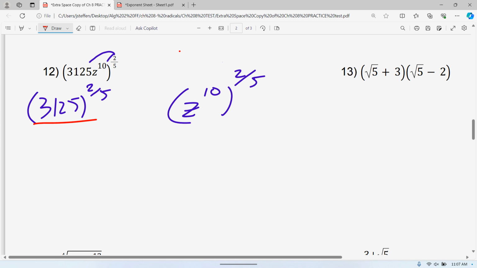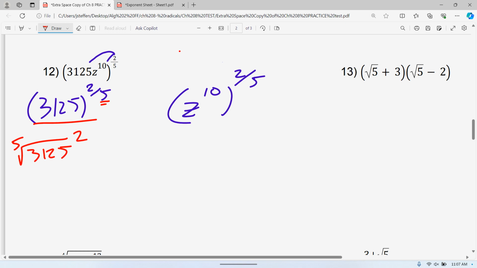So to do by hand, I make it into a radical. So what we did earlier, put it in a radical form, your denominator is the index number, numerator is the exponent. Now there's two different ways to do this. It doesn't matter. You can square the 3,125 first and then do the radical. I think it's easier to do the radical first.